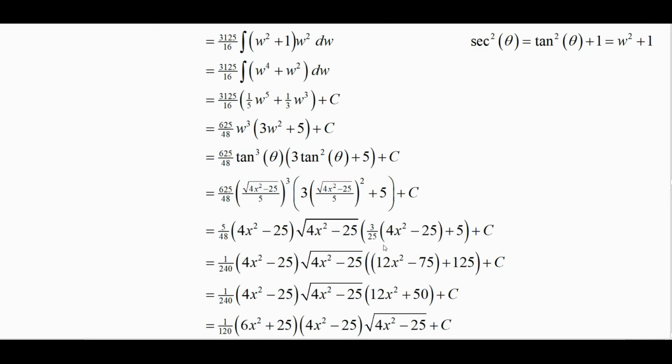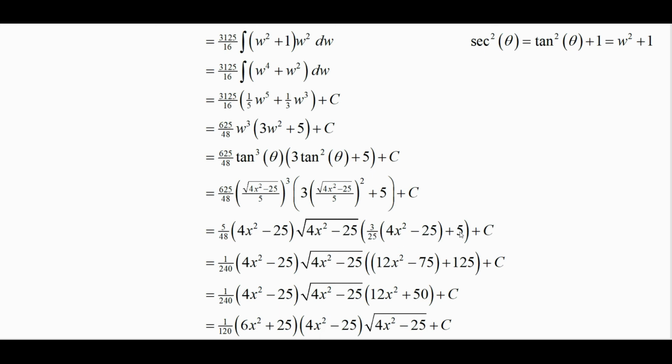I'm going to factor a 1 over 25 out of this thing here, which is going to go here. One of the 5's is going to cancel, leaving a 1 on the top, and 5 times 48 is 240. Canceling out, so I'm going to distribute the 25 in here. Cancels the 25, leaves the 3 times this, which I'm going to distribute and get 12x squared minus 75.